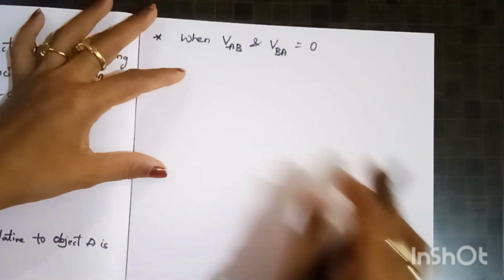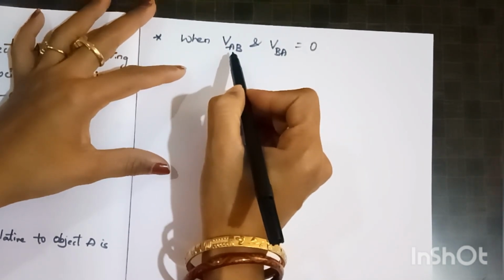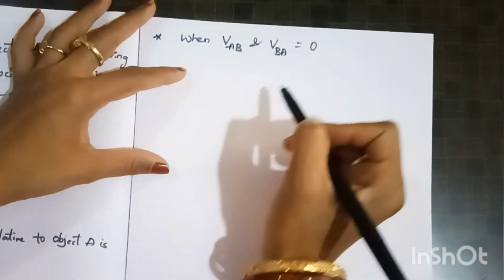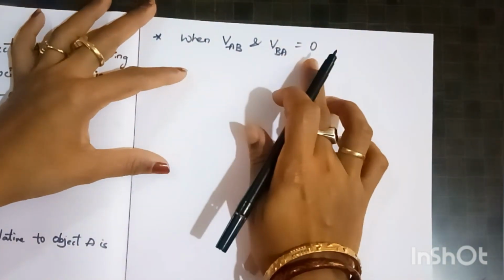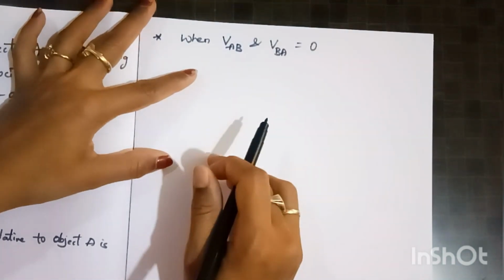When the relative velocity of objects A and B, and of objects B and A, are zero, it means the two are moving parallel to each other.